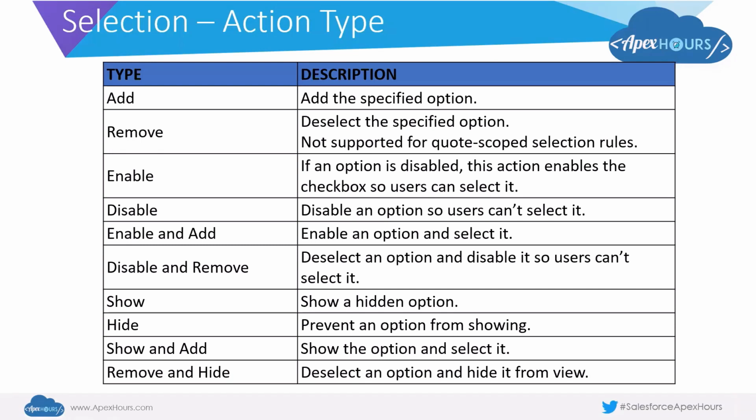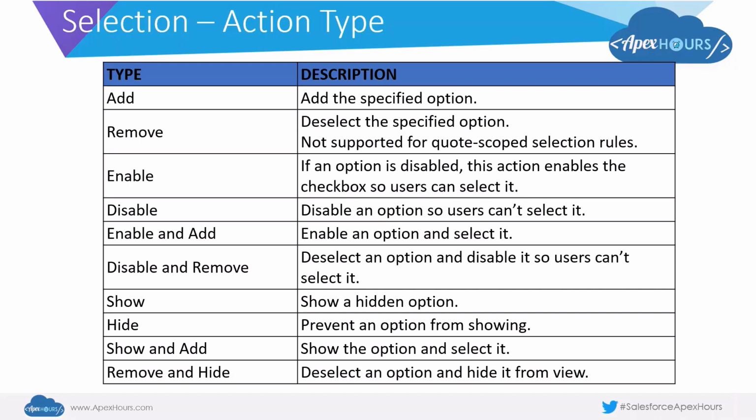If you remember in our T-Mobile example, we wanted to show and add a T-Mobile budget plan. So when you say enable and add or show and add, what the add would do is automatically go and select it. Then disable and remove, which is an example we saw in our use case as well. It's going to deselect an option and disable it so users cannot select it.